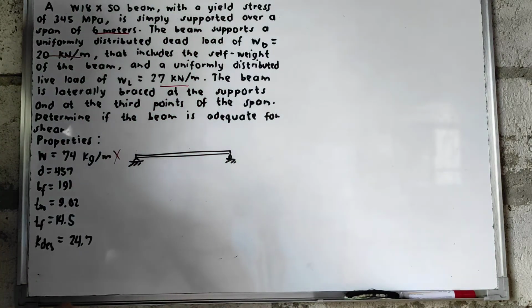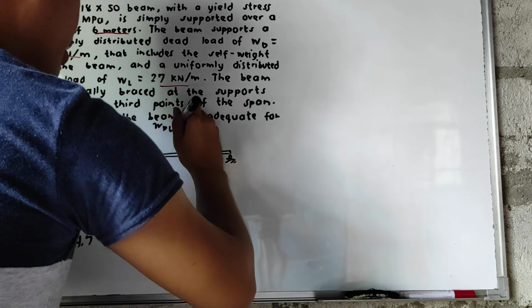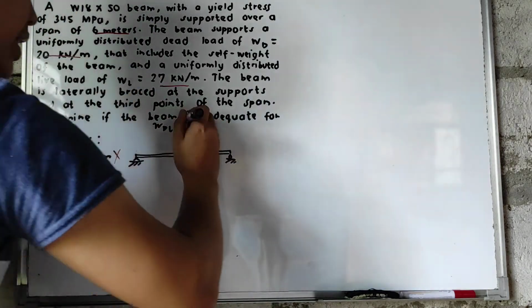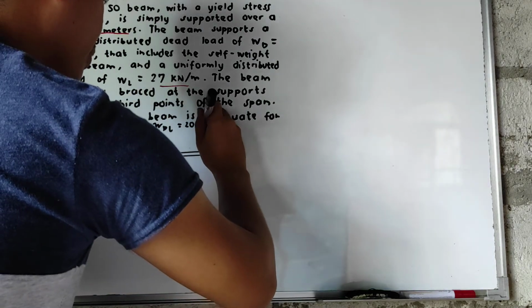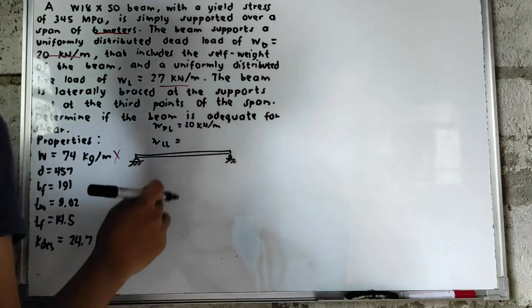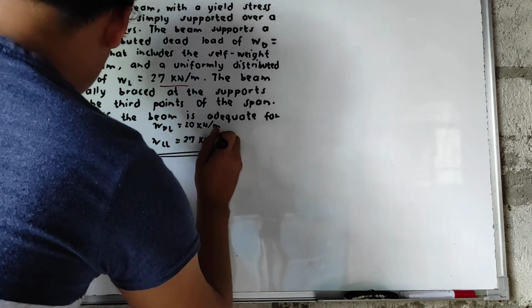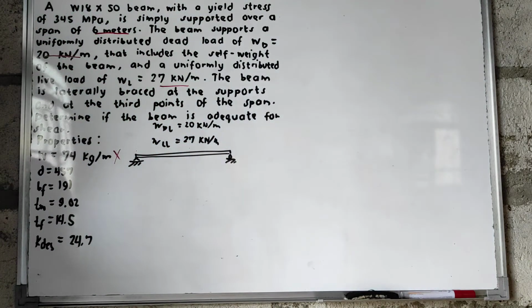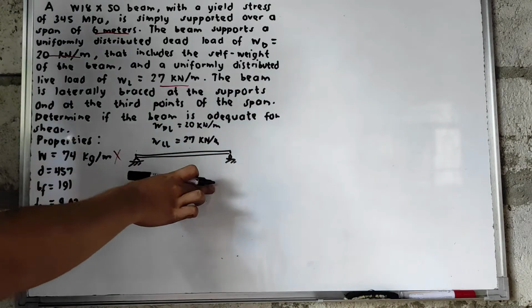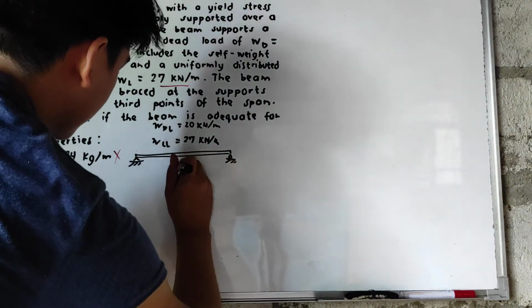Okay. So meron tayong given dito na W DL. So yung dead load natin, that is 20 kilonewton per meter. And yung W live load natin, which is equal to 27 kilonewton per meter. So which is actually loaded dito sa beam natin having a span of 6 meters.